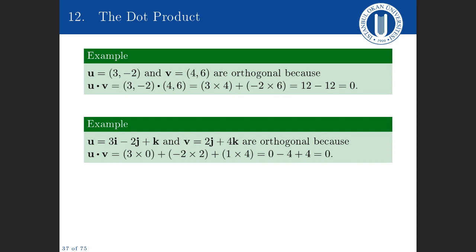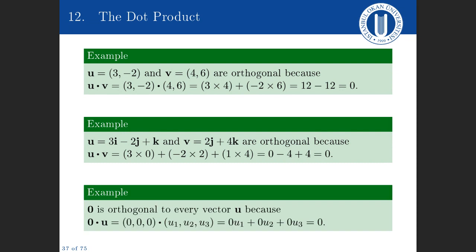Neither one of these vectors is 0, so we know that the angle between u and v must be 90 degrees. Third example, the 0 vector is orthogonal to every vector u, because if we do the dot product between the 0 vector and u, we always get 0.